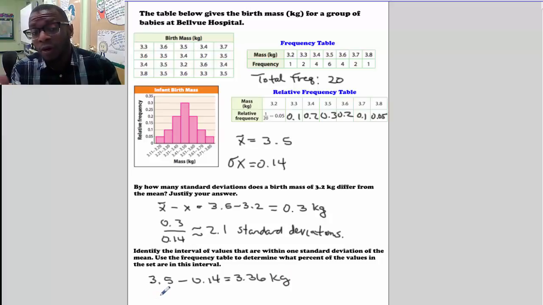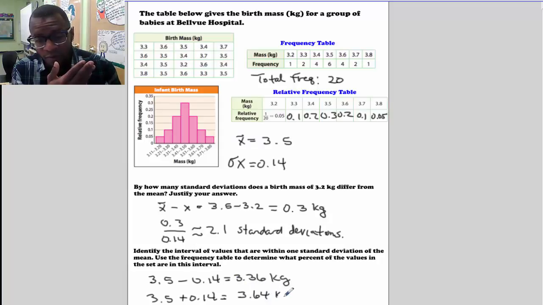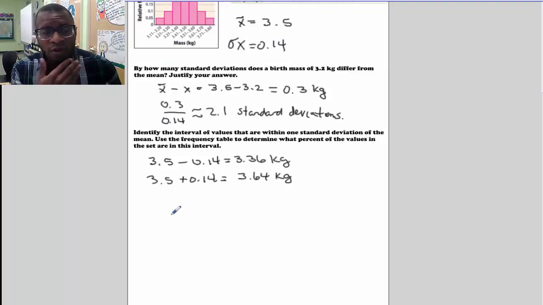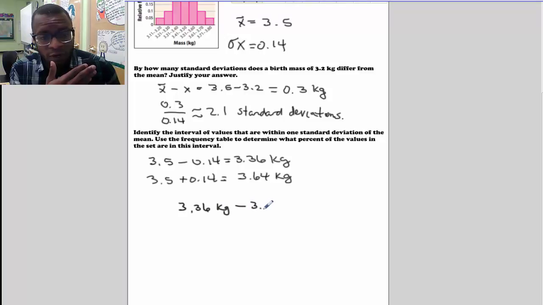And we need to go 1 standard deviation above the 3.5 mean, so we add 0.14, and we get a total of 3.64 kilograms. That tells me that my interval should be between 3.36 kilograms and 3.64 kilograms.